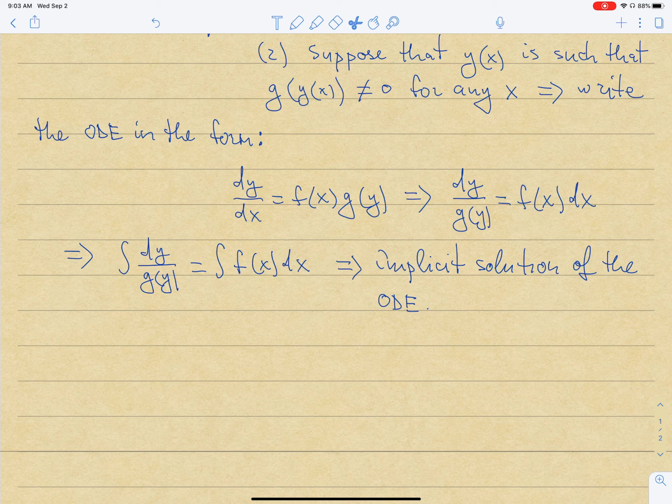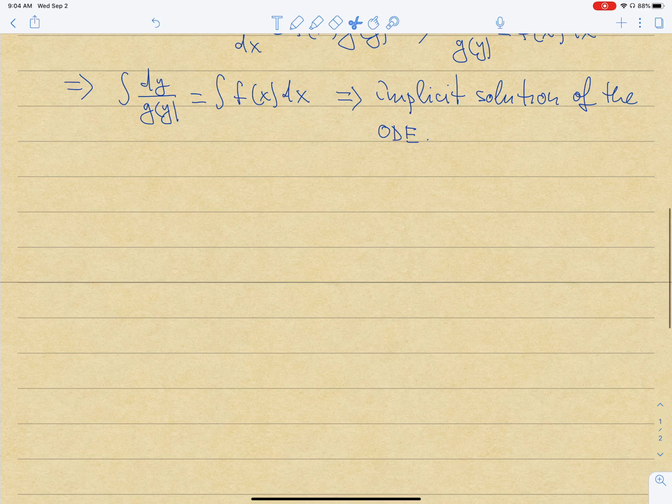Now, let's talk a little bit more where this thing comes from. Or actually, let me do a few examples and then we will do this discussion. So let's say I want to solve an ODE. So, example.